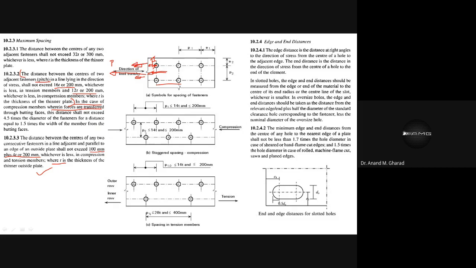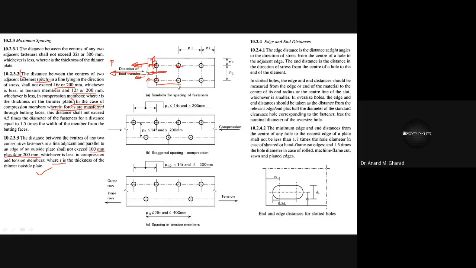Fine. So this distance is known as edge distance, whereas the end distance is the distance in the direction of the stress from the center of the hole to the end of the element. That means from here to here. This will be the end distance. Have you understood the difference between edge and end distances? In case of edge distance, the distance from the center of the hole, it may be this hole also.